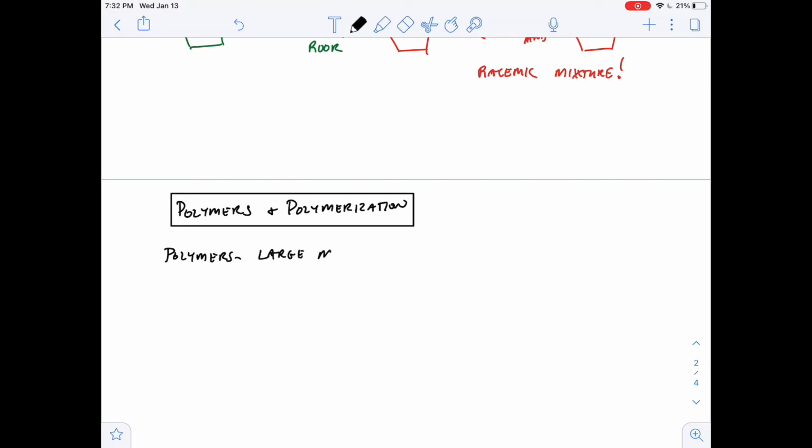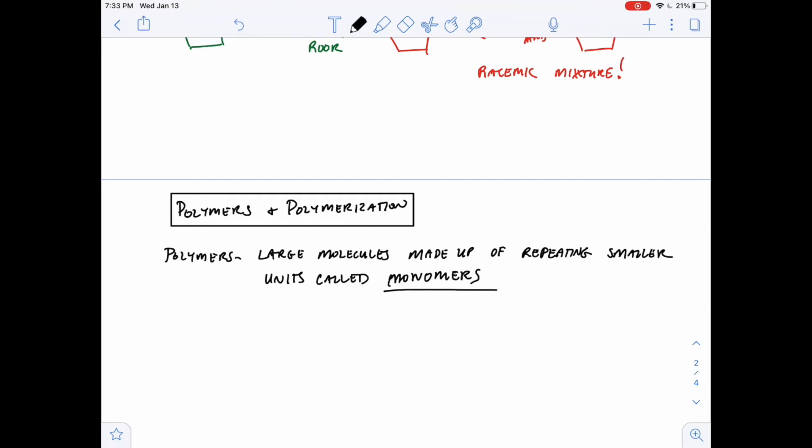So polymers and polymerization are really just the same mechanism. Okay, so we're going to have a couple terms for you. Polymers are large molecules made up of repeating small units, and these small units are called monomers. Poly means many, mers, and mono means one, mers.